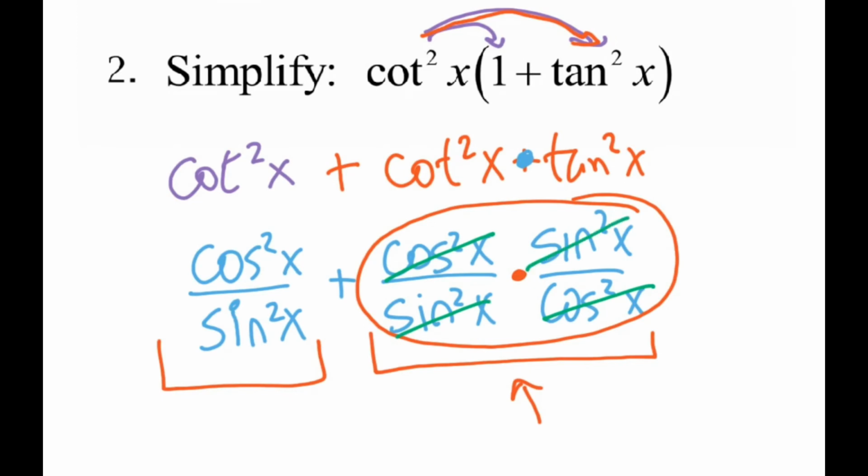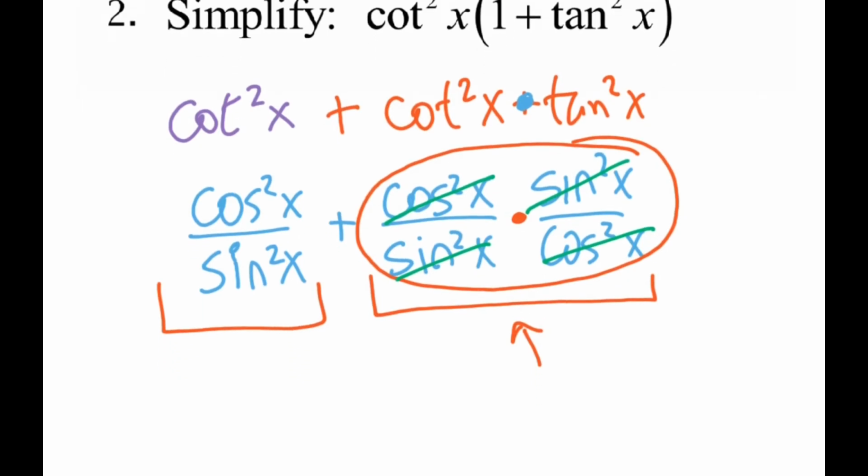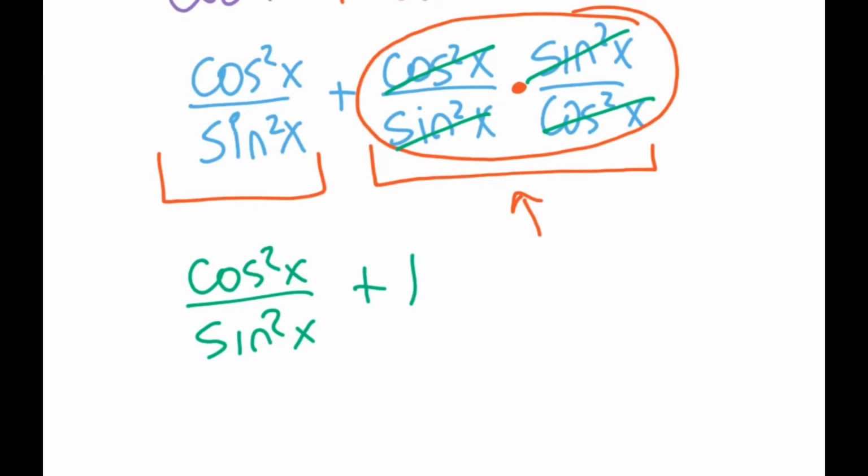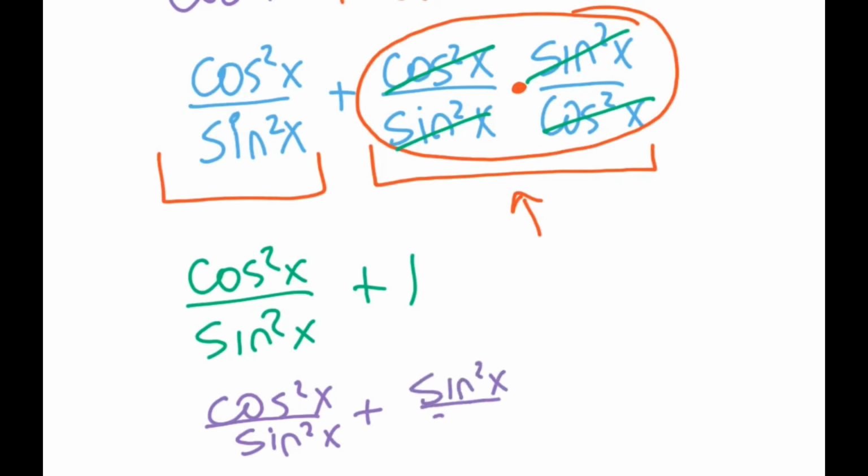And so what I have there is I just have 1 because everything's canceling. So I have cosine squared x over sine squared x plus 1. And then it kind of looks like the previous one we did. I'm going to rewrite that with a common denominator, cosine squared x over sine squared x plus, and then instead of 1, it's going to be sine squared x over sine squared x.